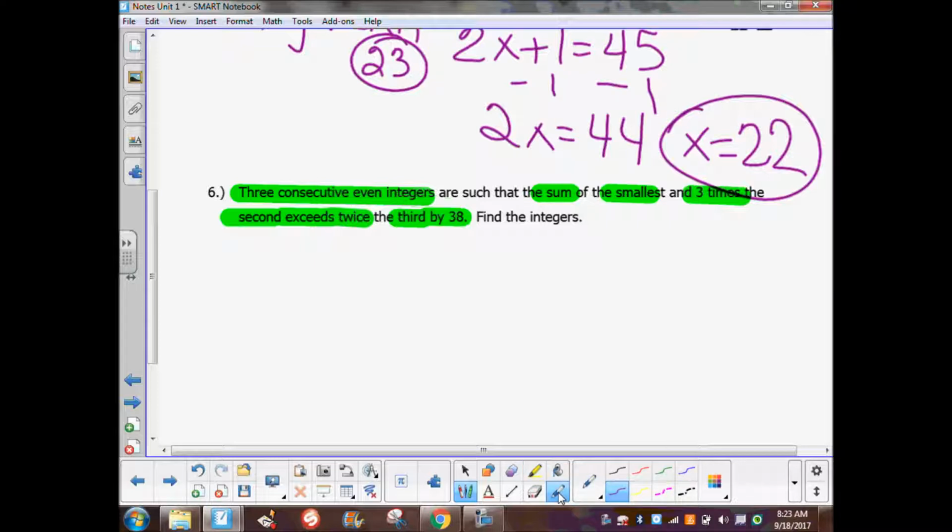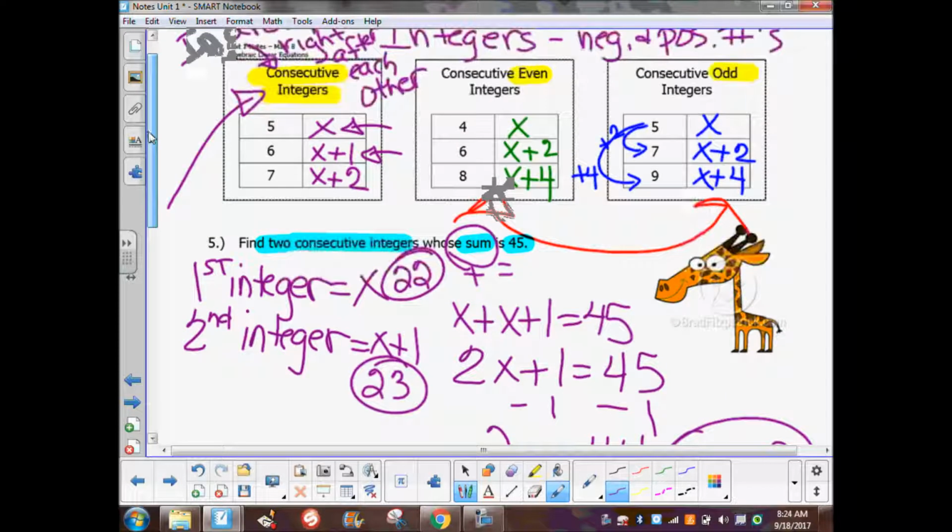How many integers do I have? 3. And what kind are they? Consecutive even. Go ahead. Use your cheat sheet up at the top. Consecutive even said x, x plus 2, and x plus 4.